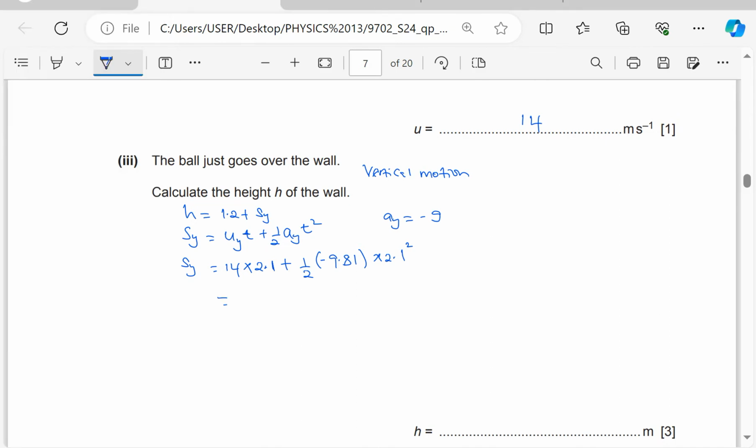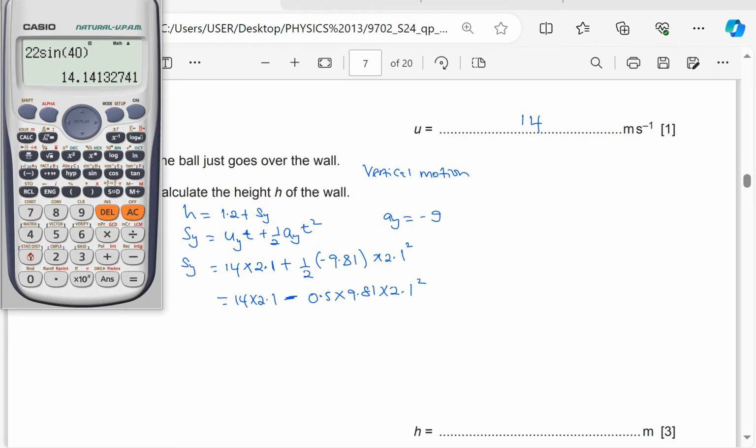I can simplify this to have 14 times 2.1, plus and minus becomes minus 0.5 times 9.81 times 2.1 squared. So I'll say 14 times 2.1 minus open bracket 0.5 times 9.81 times 2.1 squared.